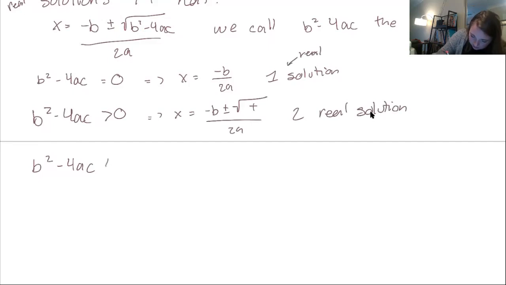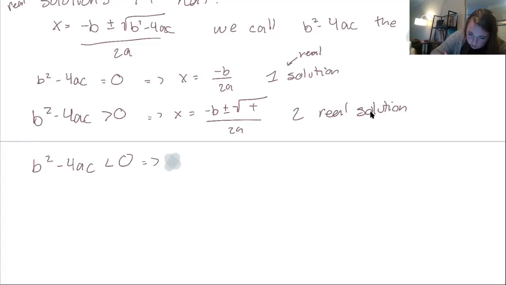All right, and what do you guys think about if it's a negative number? If my discriminant is negative? I'm going to highlight discriminant because it's such an important word. No real solutions, right?